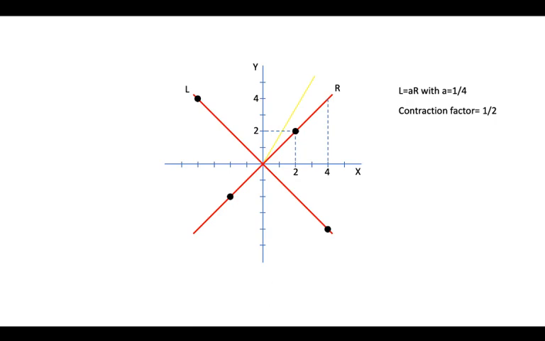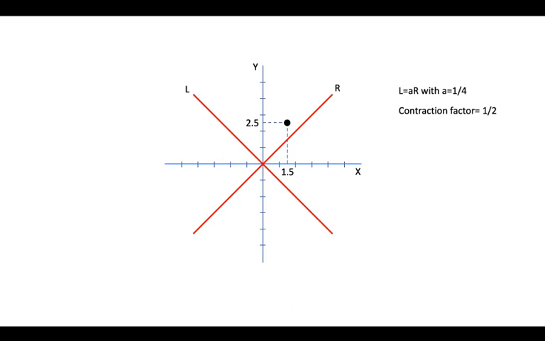Now we'll take a look at a point which does not sit on the red lines. Here it is. We take it to be a point on our yellow line, but it could be anywhere else really. The coordinates of this point are x equal to 1.5 and y equal to 2.5. Let's see how it moves.